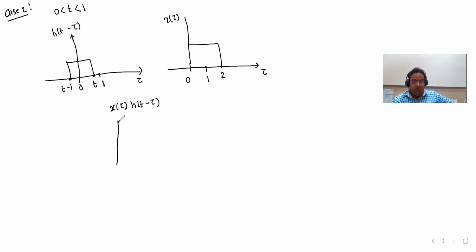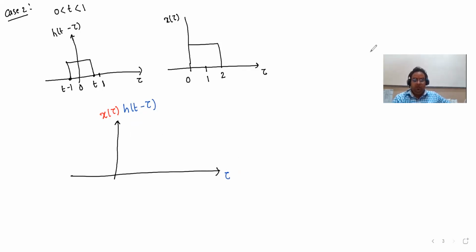Let us make use of some colors: with red color I'll denote x of tau, and with blue color I'll denote h of t minus tau.